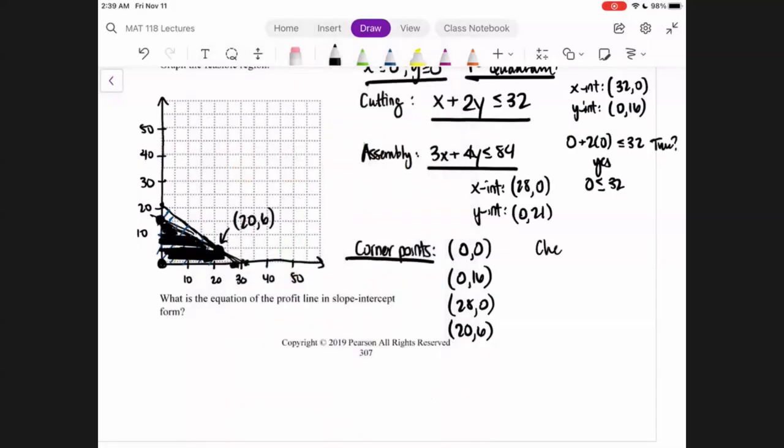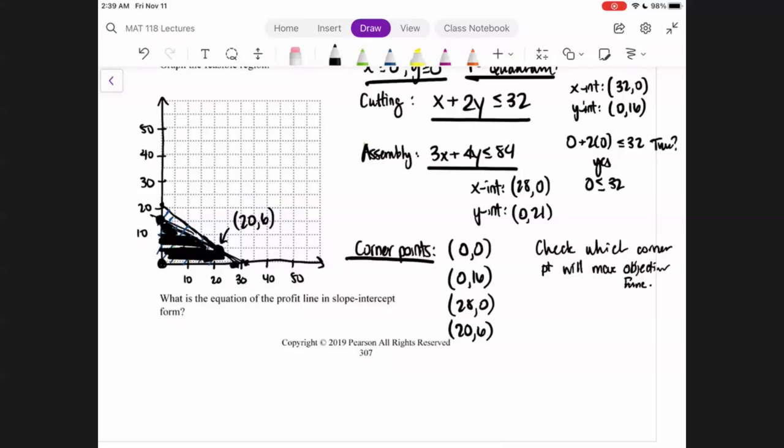So check which corner point will maximize the objective. Remember, in some cases you might have to minimize the objective function, okay? Typically cost, you want to minimize. Profit, you want to maximize, okay?